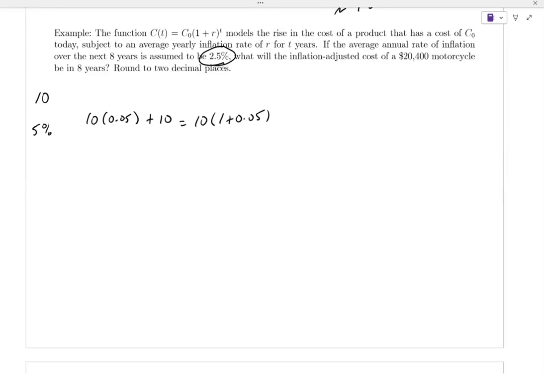So what's the inside of our model going to look like to start with? We'll worry about the C naught in a second. What's the inside of your model going to look like if you have an inflation rate of 2.5%? What's going to go on the inside? Yeah, 1 plus.